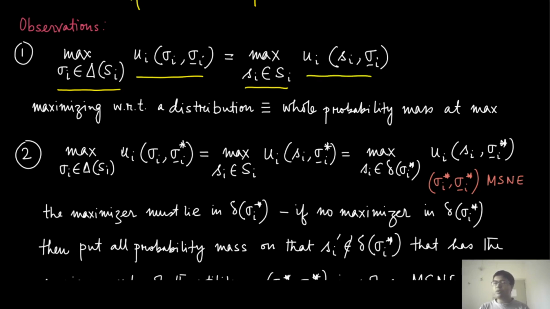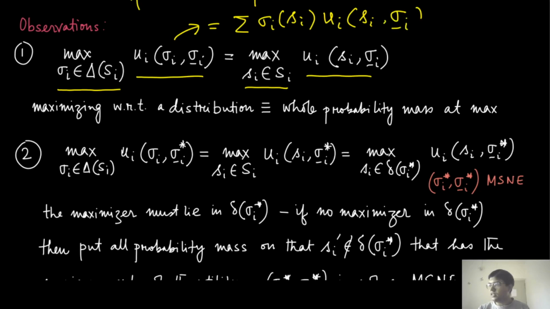Just remember the definition of u_i of sigma i, sigma minus i. It was a weighted average over all the pure strategy utilities. So this utility can be written as the sum over all s_i in capital S_i of sigma i of s_i times u_i of s_i, sigma minus i.